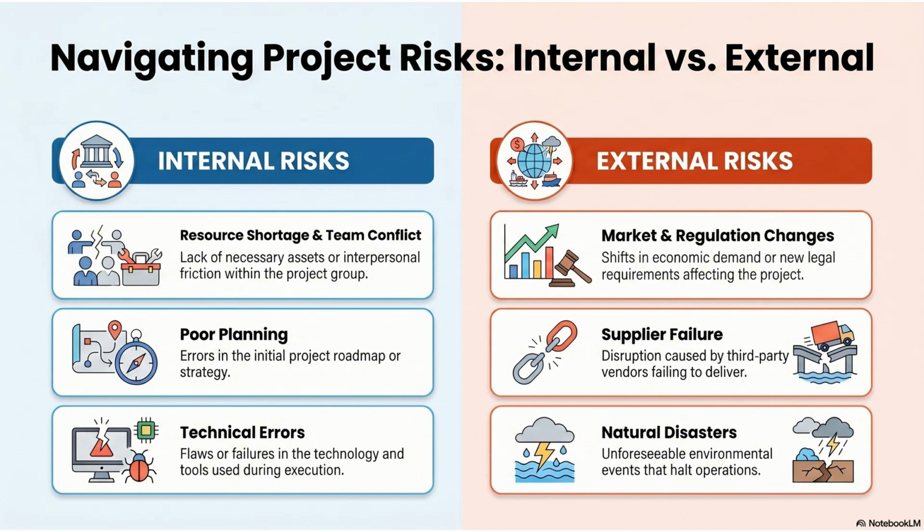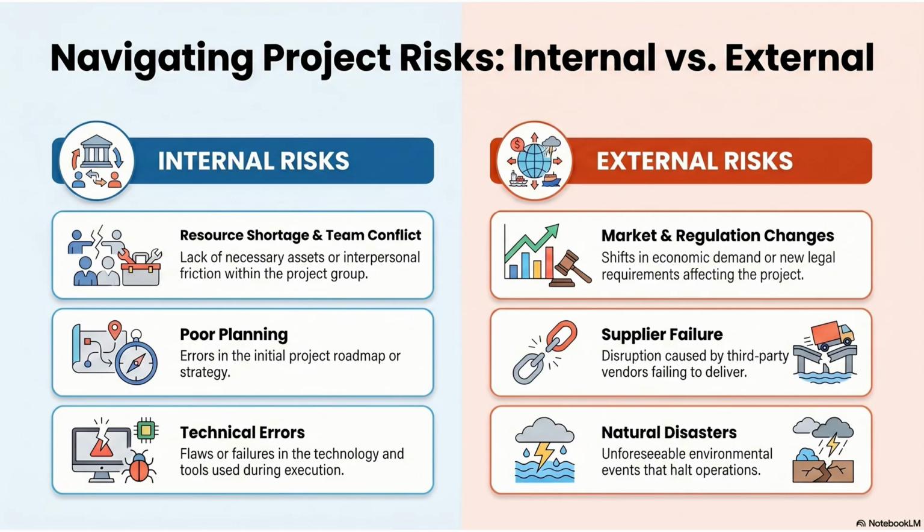If the project scope is unclear, tasks are not properly allocated, or schedules are unrealistic, the project may face risks even before execution begins. We also have technical errors. Problems related to systems, tools, or technology can create risks, especially in a project that depends heavily on technical performance.